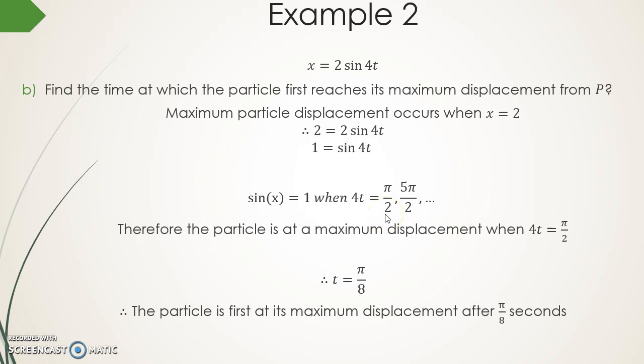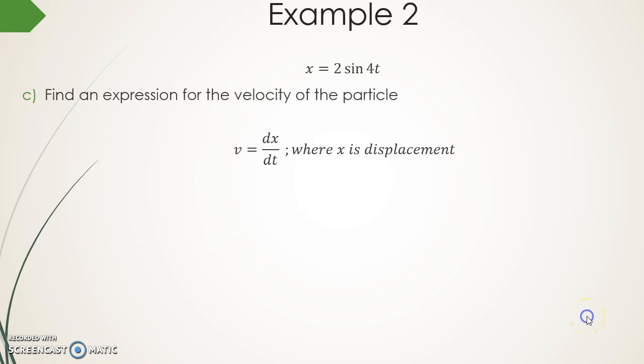The first time it reaches its maximum displacement is pi over 2, so 4t equals pi over 2. Solve for t, we get pi over 8. So the particle is first at its maximum displacement after pi over 8 seconds. And again, we could go back to our graph and verify that that was the case.